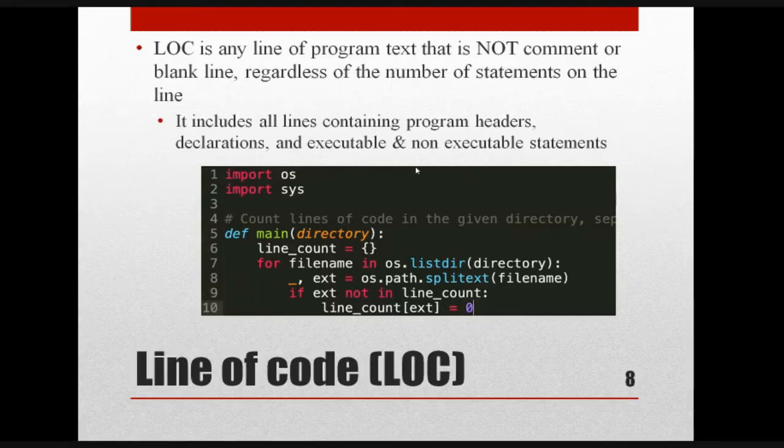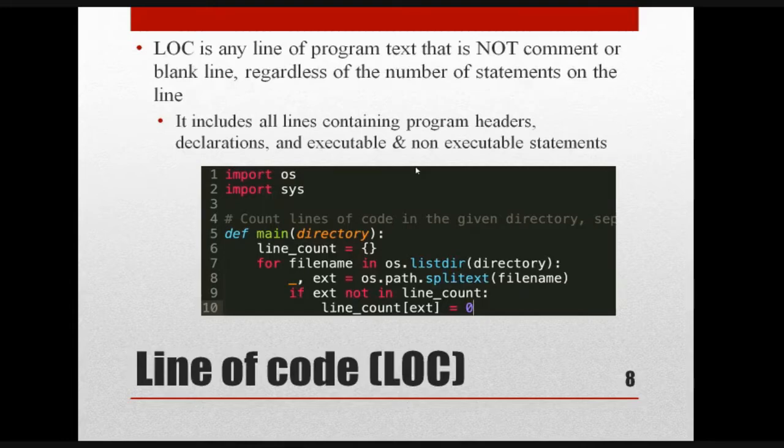Line of code means calculating the lines of code already implemented for some other project, which we are going to use directly here. You are counting the number of lines.